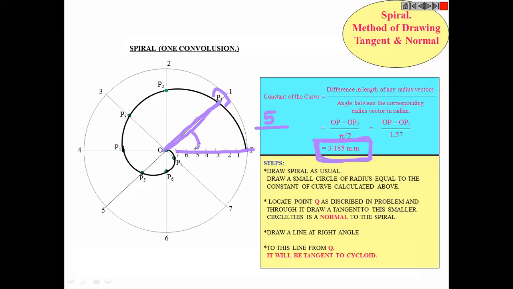Into pi by 180. If you want to convert any given angle into radian, multiply it by pi divided by 180 degree. And if you want to do it in reverse, it is the other way around, 180 by pi. That's correct.